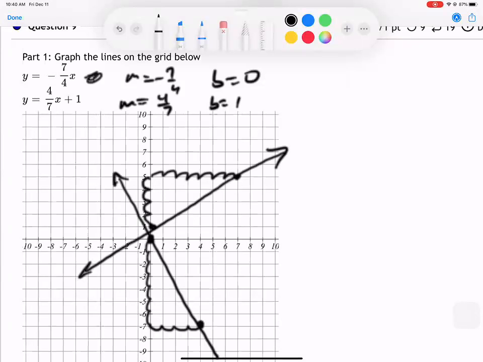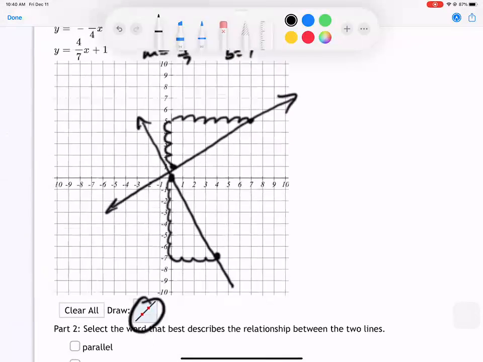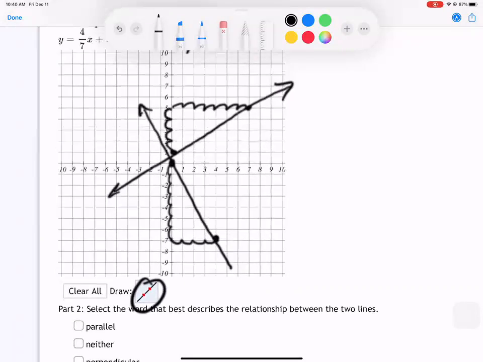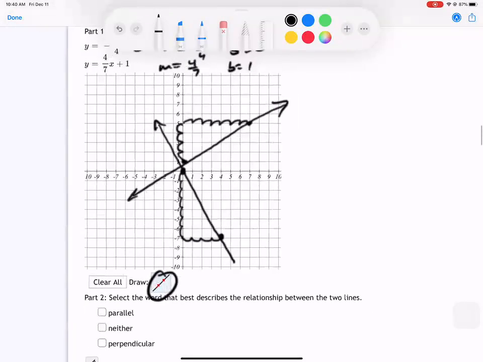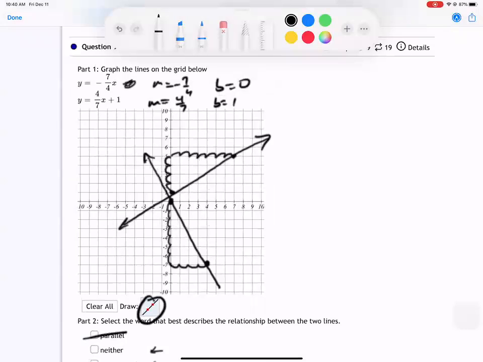Now they actually have a follow-up question, part 2. Are these lines parallel, perpendicular, or neither? Well, for sure they're not parallel. And are they perpendicular or neither? We had a special rule for perpendicular lines. Lines are perpendicular if the slopes are negative reciprocals of each other.